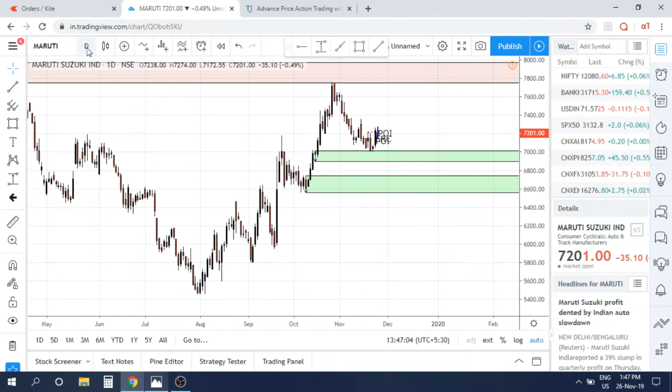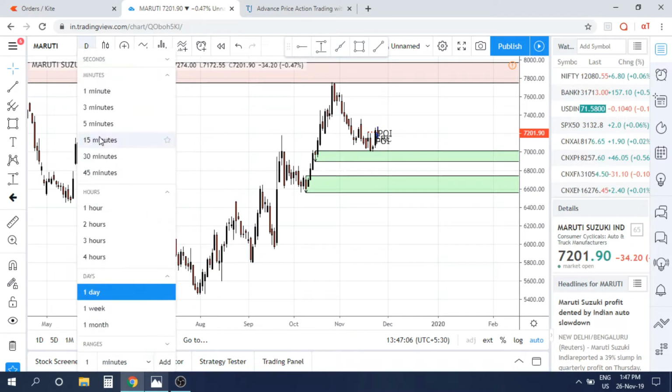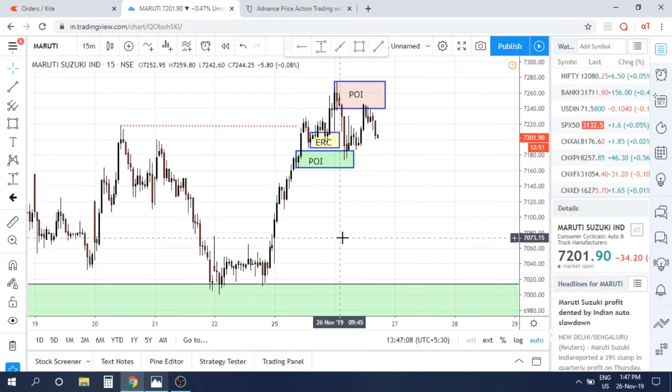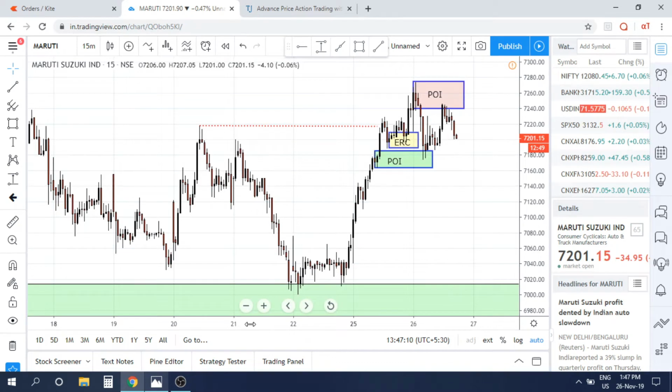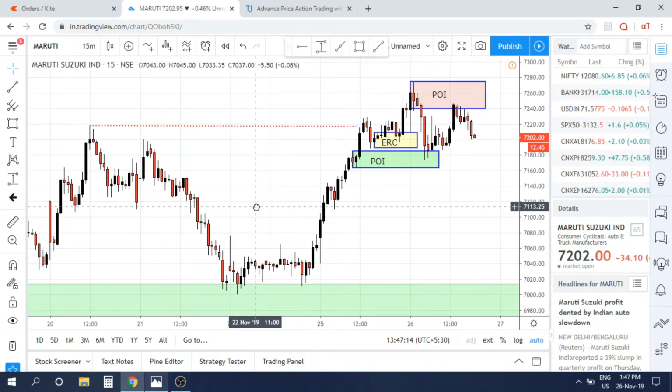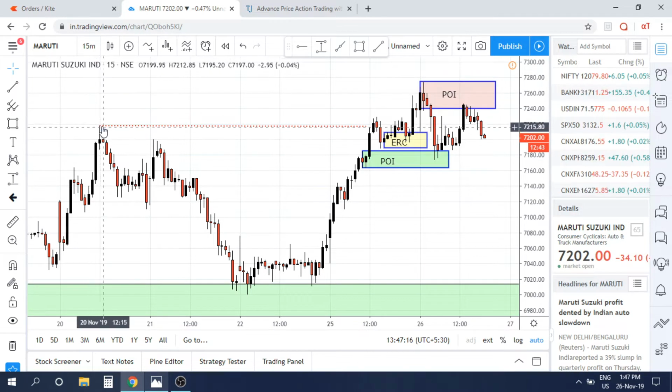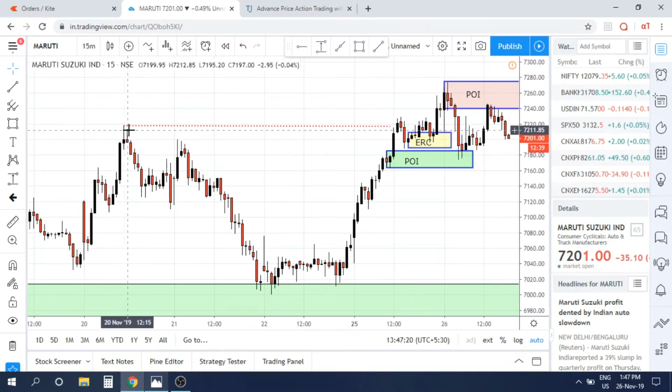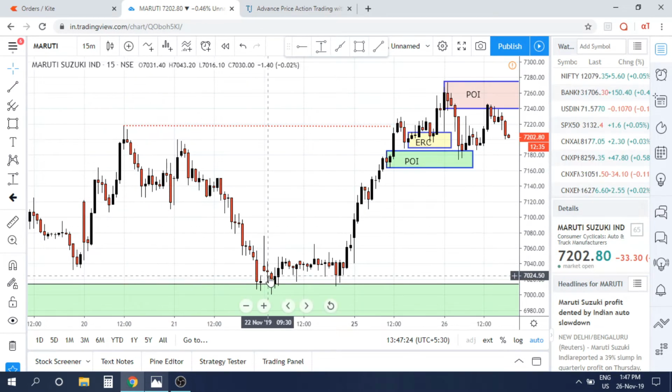So if we go down to the LTF for 15 minutes, we can see how beautifully the concept of ERC and POI is playing out. So here we had a major barrier, which was basically the high of this major swing move up, and then the swing move down from there.